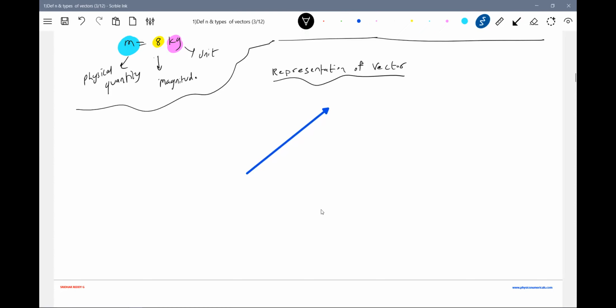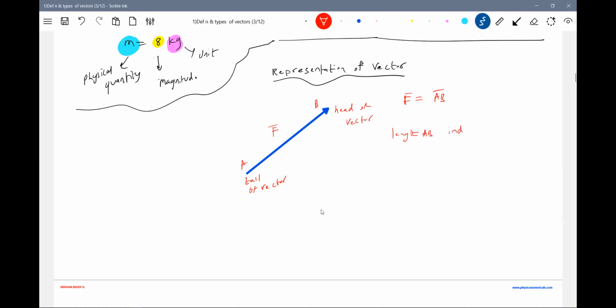Here, if I write this is A bar, so this is AB. This is the head of the vector. This end A is called the tail of the vector. Let this be some force F bar. So F bar is represented by the symbol AB bar. What does the magnitude represent? The length AB indicates magnitude.